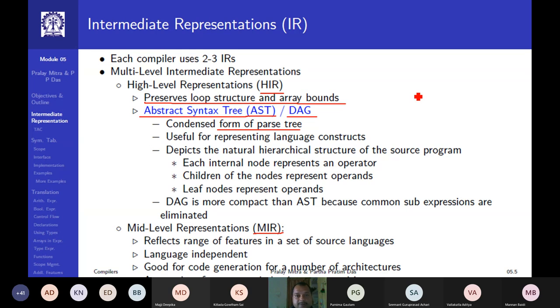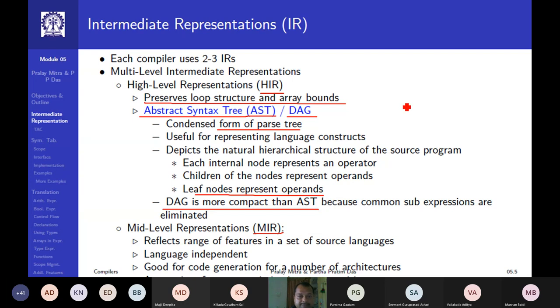Each internal node represents an operator. Children of the nodes represent operands, and leaf nodes represent operands. Of course, a DAG is more compact than an AST because common sub-expressions are eliminated. Those things we will discuss in detail with examples.